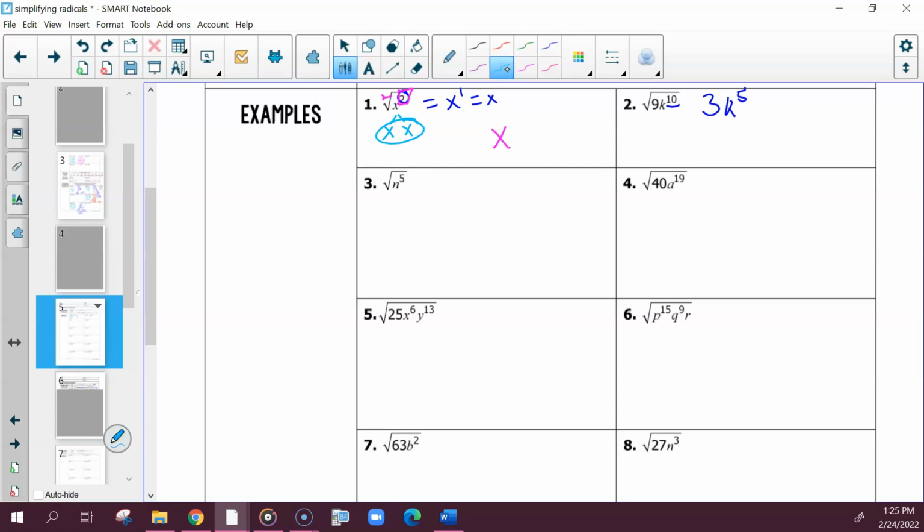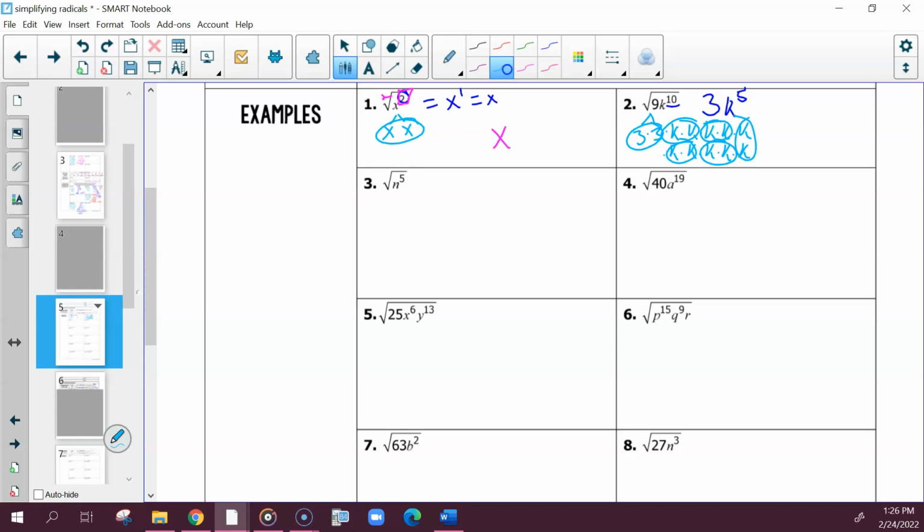If we were doing it using the light blue method I used in number 1, we know this would be like your factoring method, right? This would be 3 times 3, and then for k to the 10th, we have a bunch of k's. And we can see how many groups could we take out. So we have a group of 3s, 1, 2, 3, 4, 5 groups of k's that would get to come out.